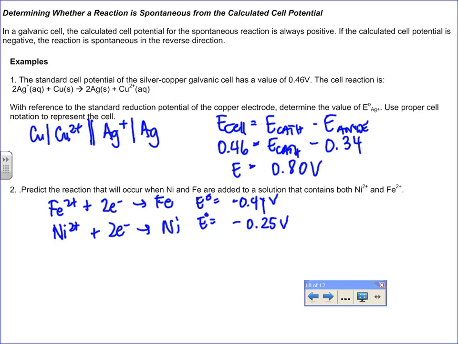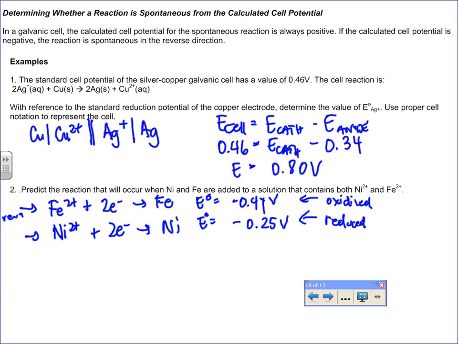The one that is higher up on the reduction potential list, or has a higher reduction potential, which is the nickel, is going to be reduced. And the other one is going to be oxidized. So the nickel is going to react in this same way. The iron, the reverse reaction is going to happen.